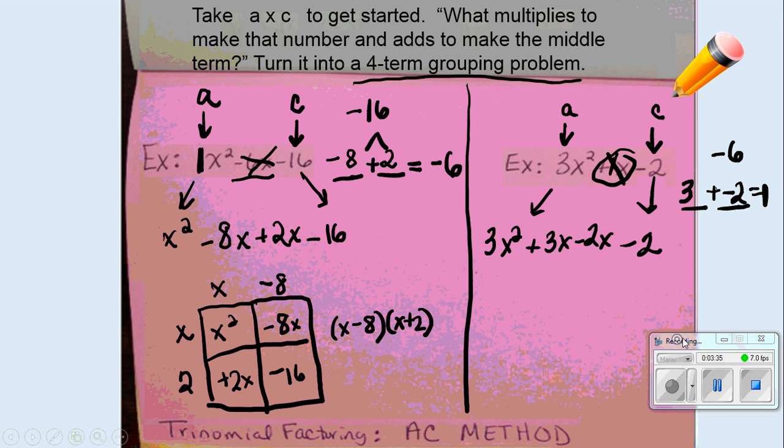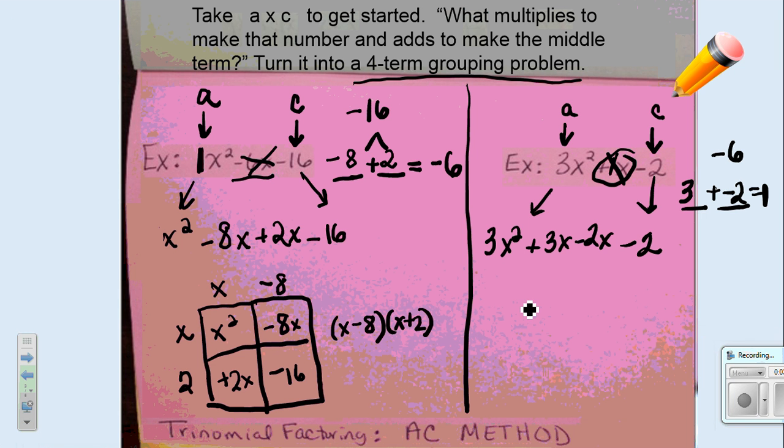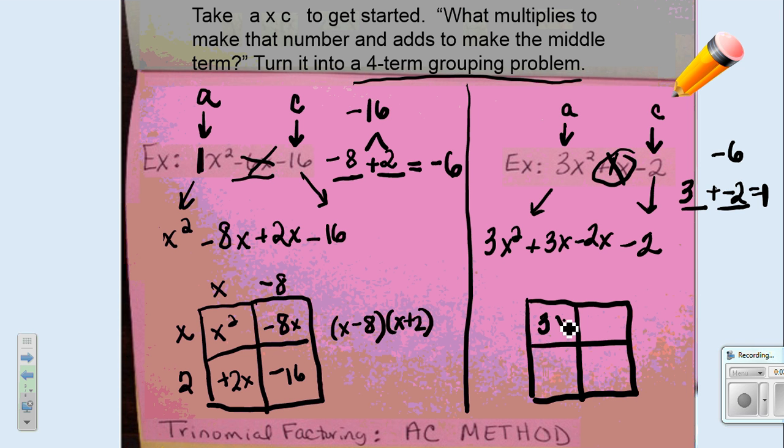And so then what we do is we go ahead and make a square. Okay, make your square. And then that is 3x squared plus 3x minus 2x minus 2. And now we go ahead and group greatest common factor, the top row. They have a 3x in common.